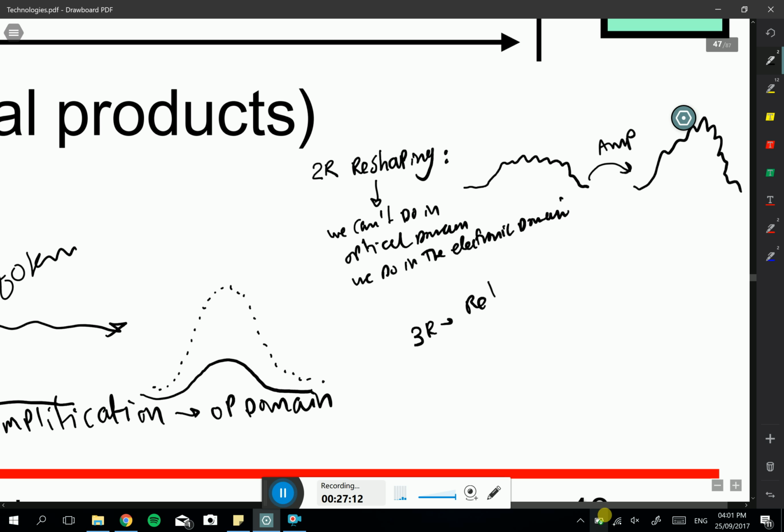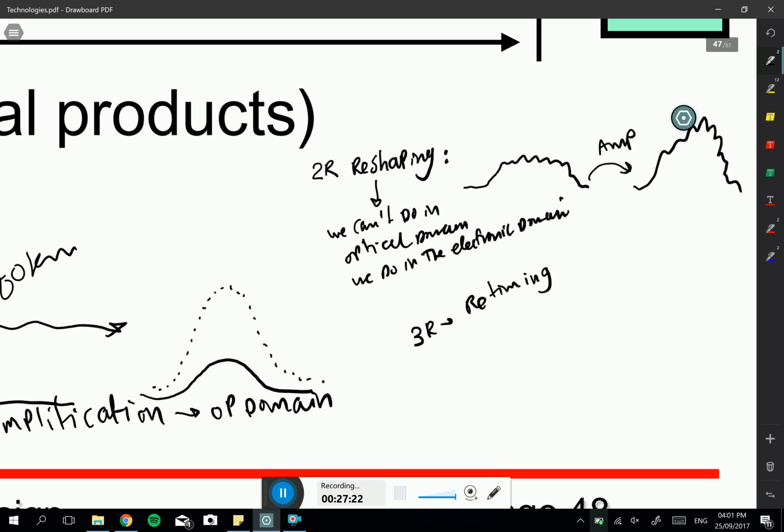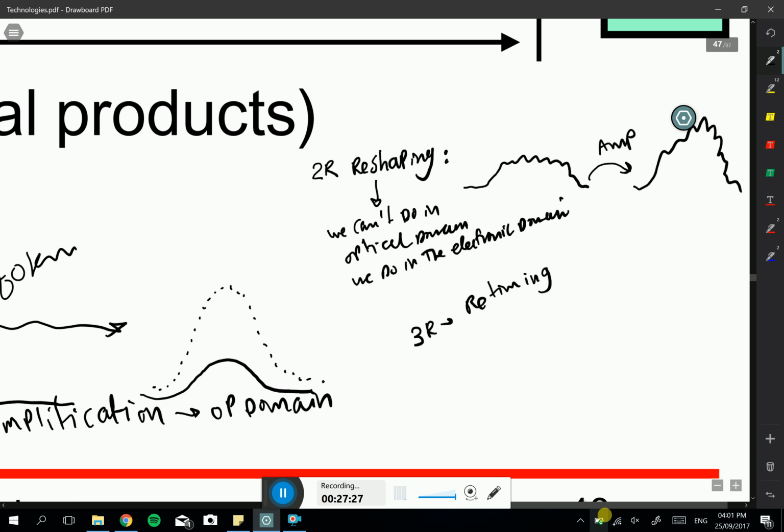They might start at a perfect distance, but then while they travel, some of them might go faster, some of them slower, so they lose their timing. So you need to resynchronize the signal. Again, it's something that you cannot do in optical. You have to do it in the electronic domain.